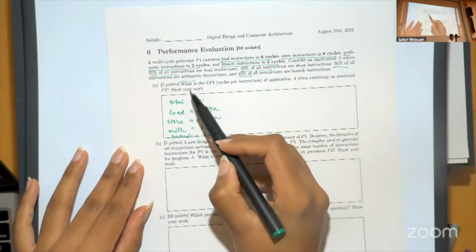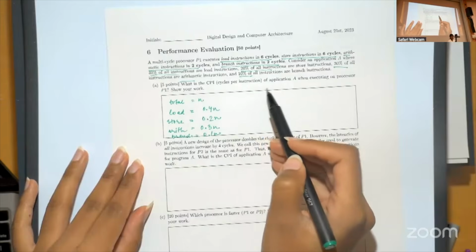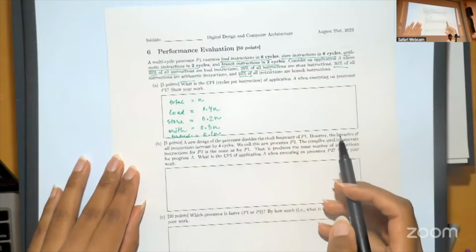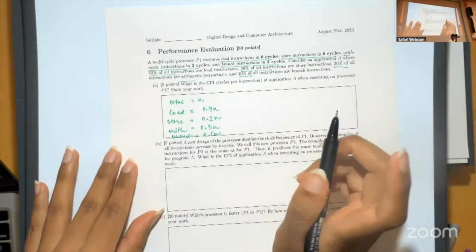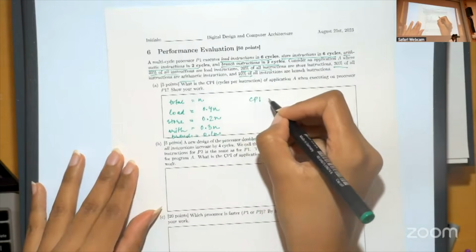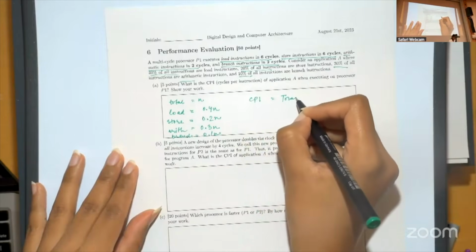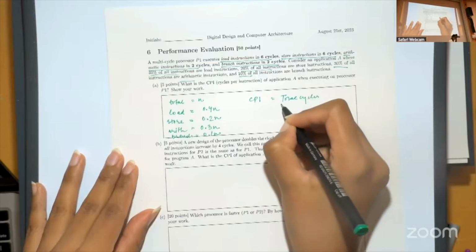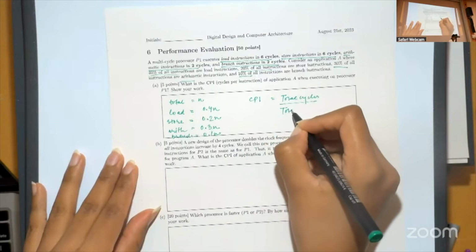And we are asked, what is the CPI, that is cycles per instruction, of application A when executed on processor P1? So CPI is the total number of cycles divided by the total number of instructions.